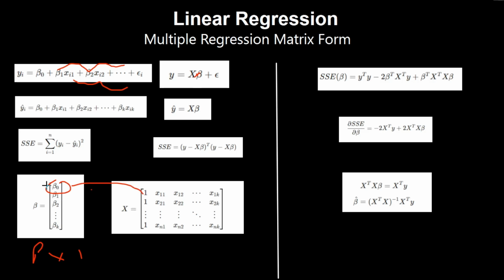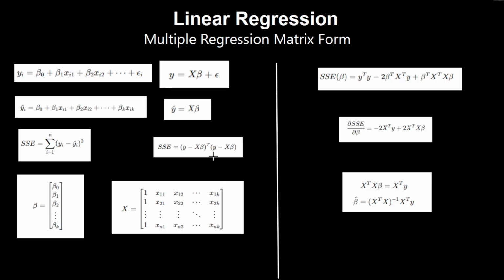If you multiply the matrix and the vector, the first element is multiplied with the intercept value, which is 1. That's why we have the first column full of ones in the matrix X, because in the equation the intercept is not multiplied with anything. So it's multiplied with 1 here, but the others are multiplied with the input data. So that's it about the representation of this equation in matrix form.